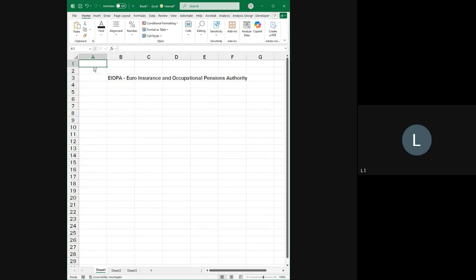It is because of the nature of products that are sold in Europe. In Europe, you'll see that occupational pensions are very common. So there are a large number of pension schemes who look into distributing pensions, right, to employees, and that's why occupational pensions are also looked at along with insurance, right?